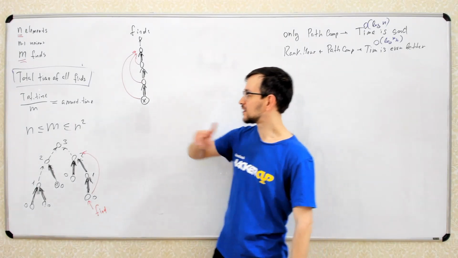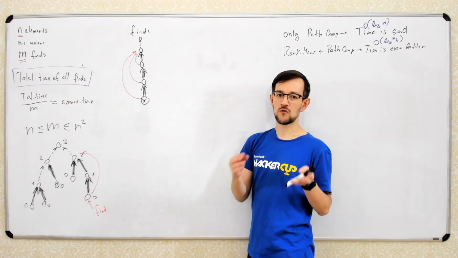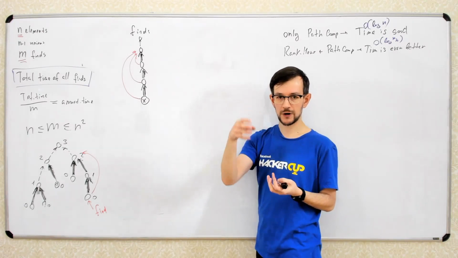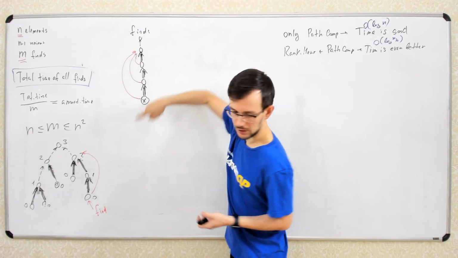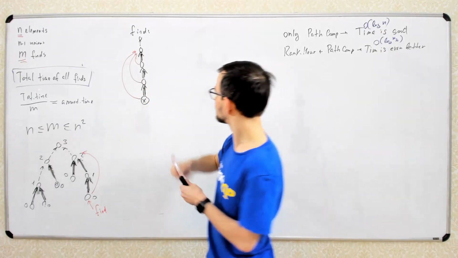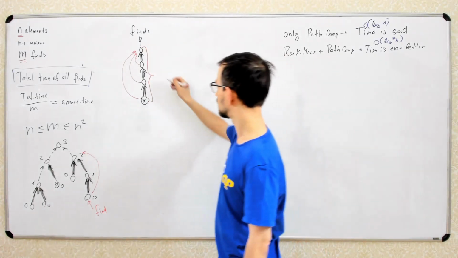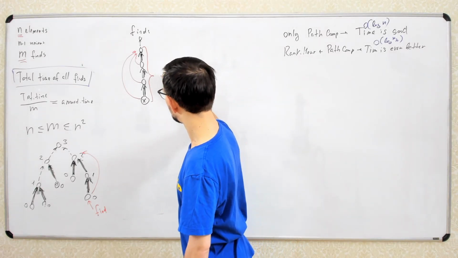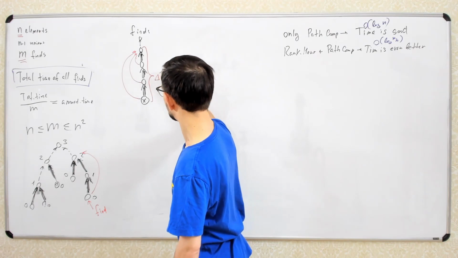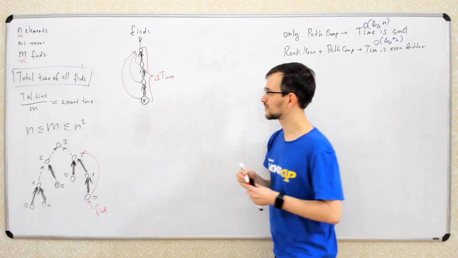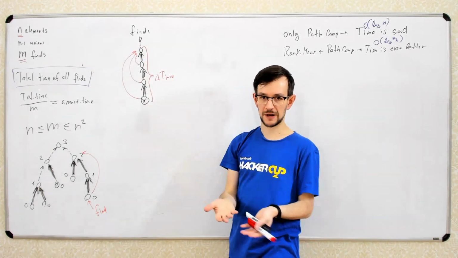Now, to calculate the total time of all finds, we need to calculate the total lengths of all paths which we travel during find operations. So when we make a find operation, we travel through this path, and the length of this path is added to the time complexity.